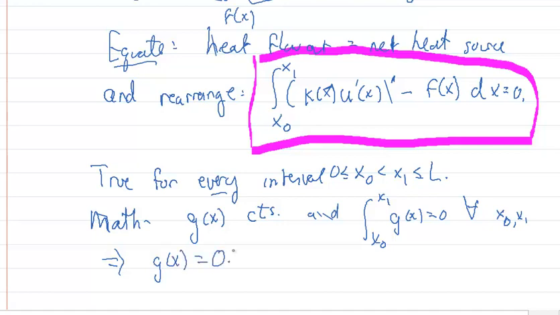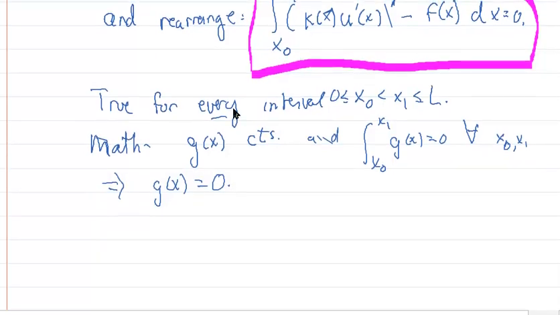I hope this is intuitively clear, but it can be mathematically proven that if you have a continuous function and the area under that function is 0 everywhere, that function itself must be 0.